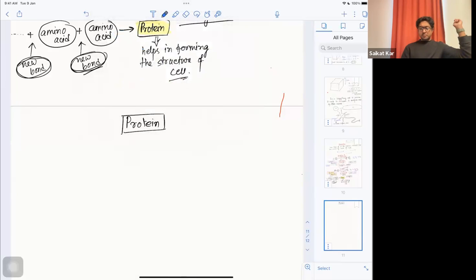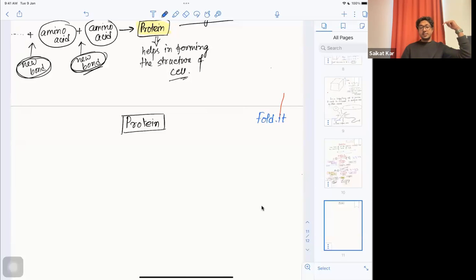Before that, you can also play with something called Fold It. There is a website called fold.it.